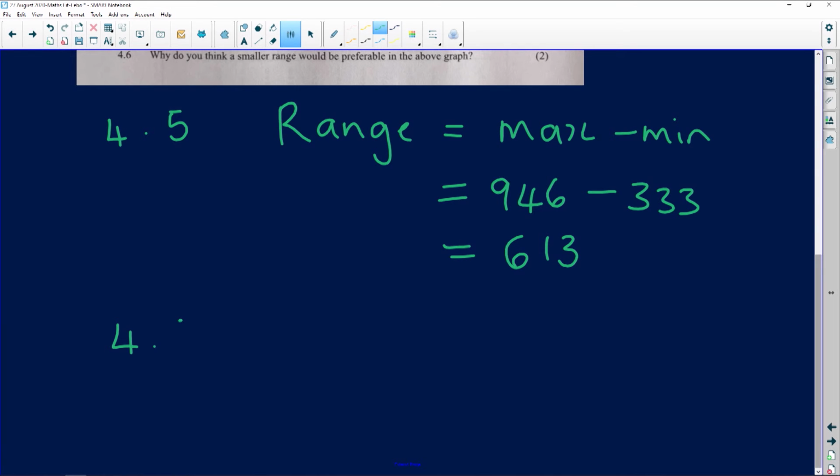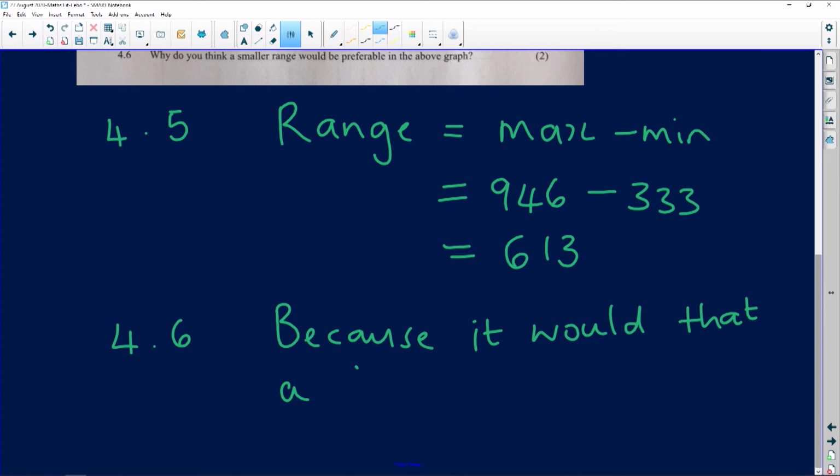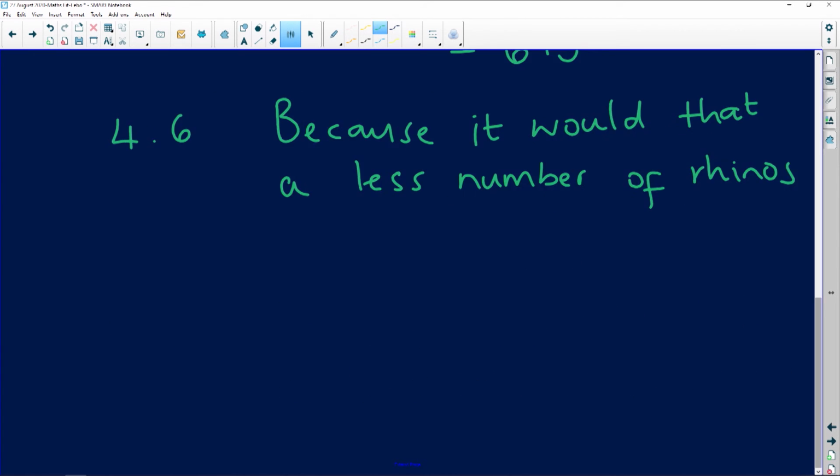Let's write that down. So 4.6, because it would mean that a smaller number of rhinos, I hope I spelled that correctly, were poached.